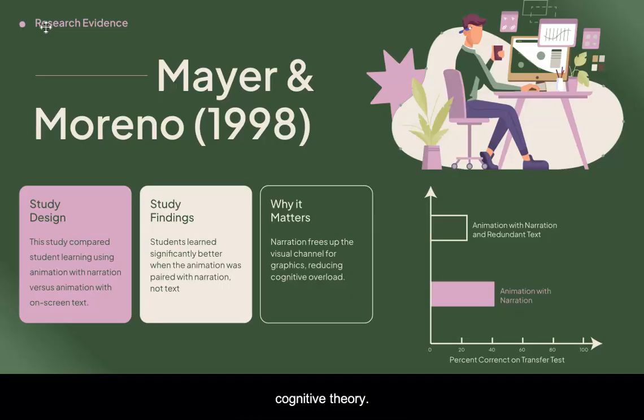Consistent with cognitive theory, eye tracking studies found that students who viewed animation with narration on lightning formation spent more time looking at graphics than did students who received animations with on-screen text. Students performed better on transfer tests when words were spoken rather than printed.